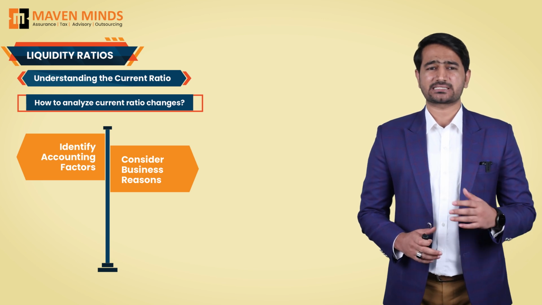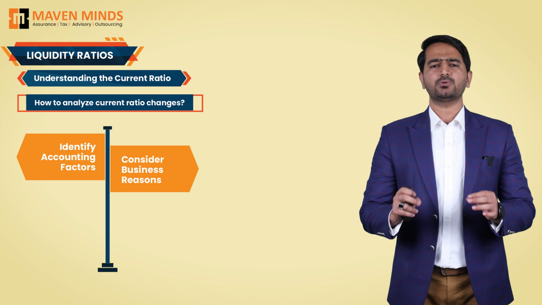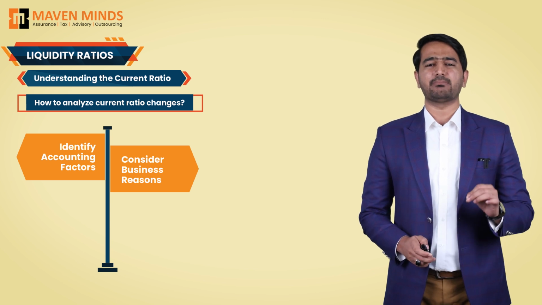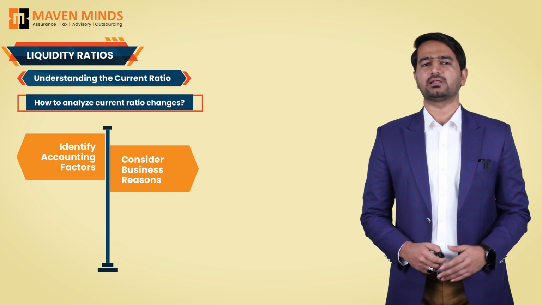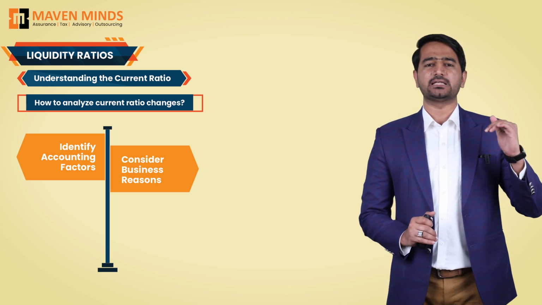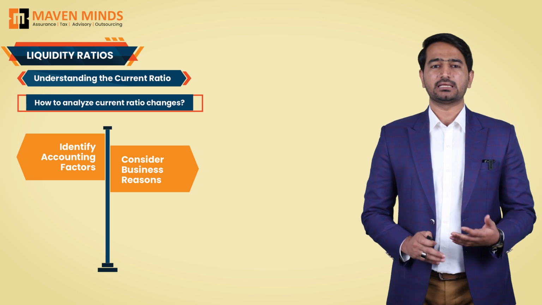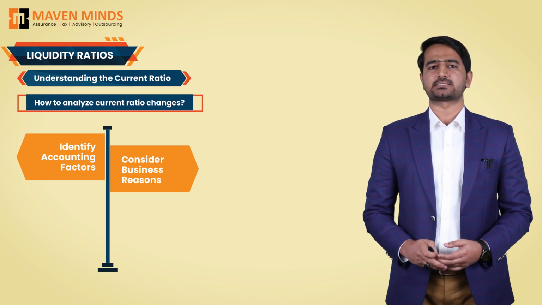Accounting manipulations can significantly affect the outcome of your ratio analysis. And one of the common manipulations is the maintenance of high inventory levels. This practice can artificially inflate the current ratio, suggesting better short-term liquidity than might actually be the case.